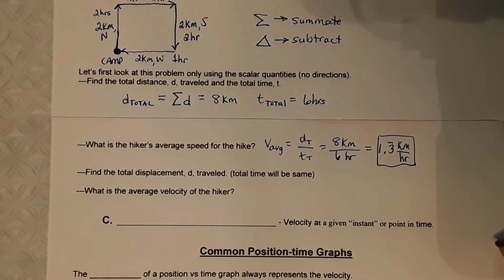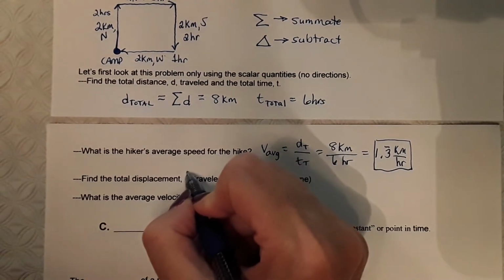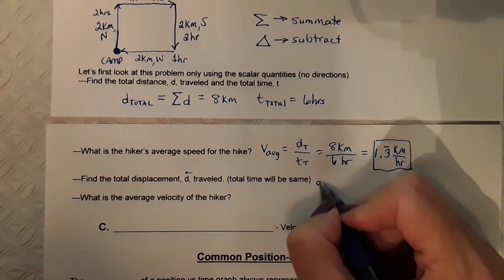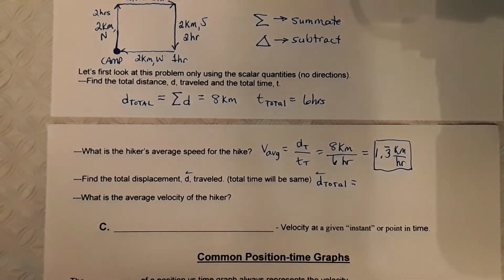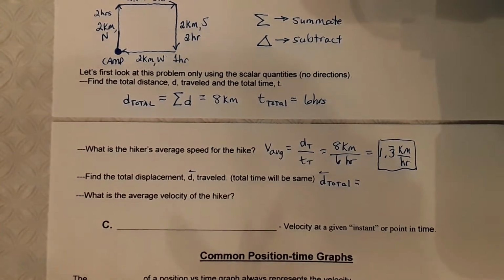Now, let's describe the same trip using our vector quantities. So first, we want to find the total displacement. Here's where you have to remember, the displacement is how far you are on a straight line between where you started and where you ended up.